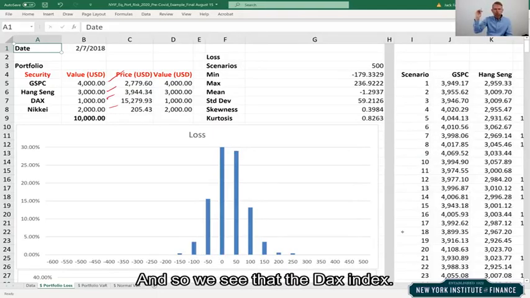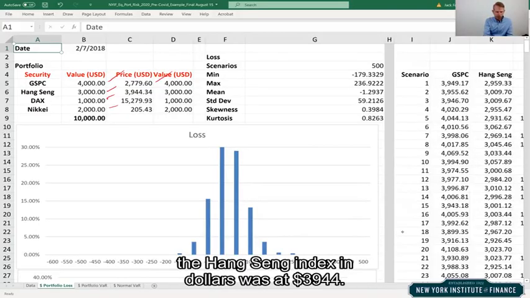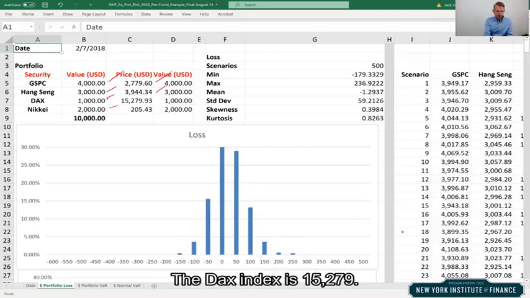And so we see that the S&P 500 index is at 27.79. The Hang Seng index in dollars is at $39.44. The DAX index is at 15,279, and then the Nikkei at 205.